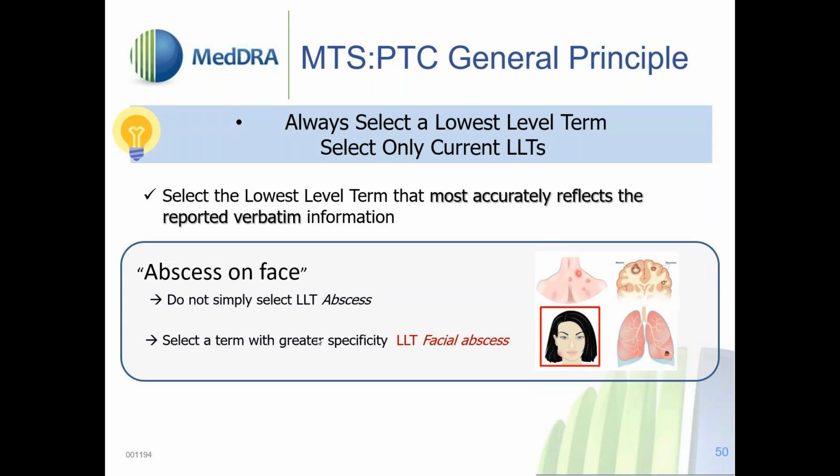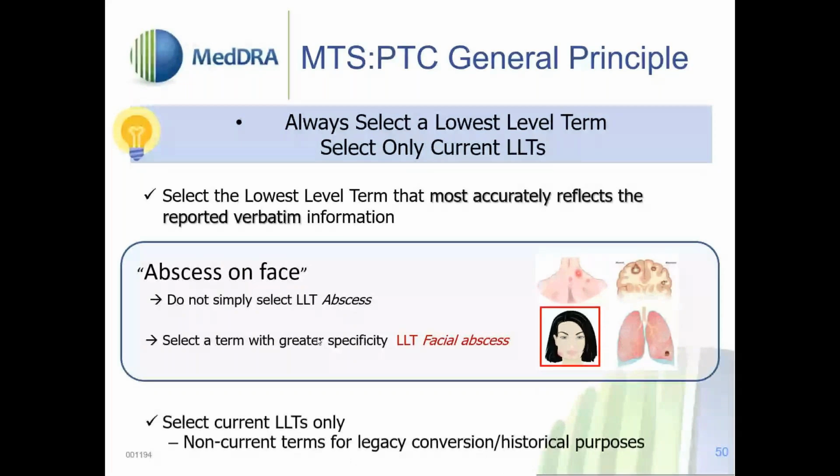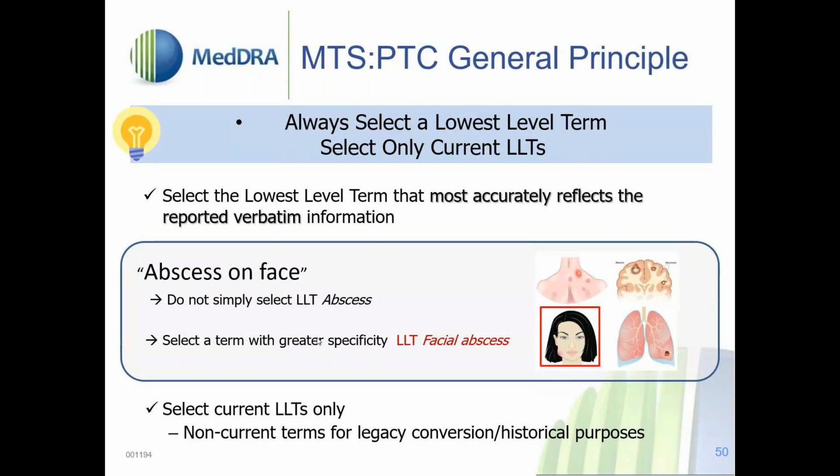So we would select LLT facial abscess in order to capture as much information from the report as we can. And always remember to select current LLTs only. The non-current LLTs are still in the terminology for historical purposes to support interpretation of legacy data and legacy data conversion, but they should not be used for ongoing coding.